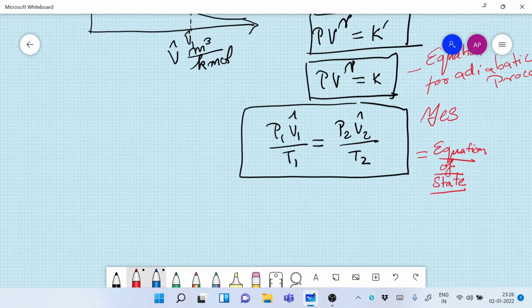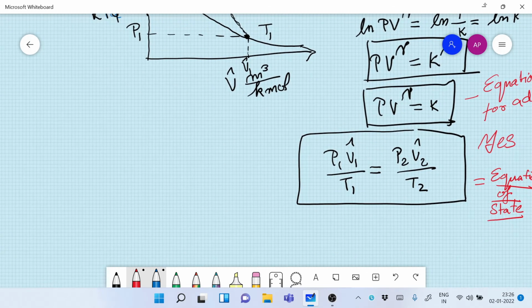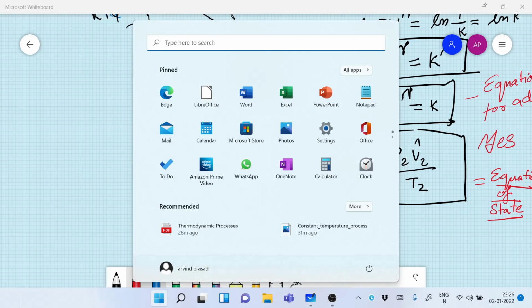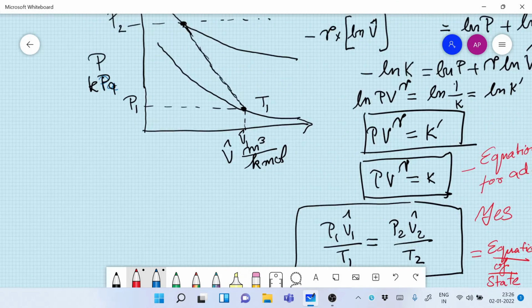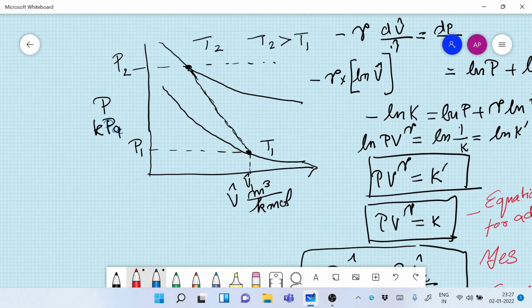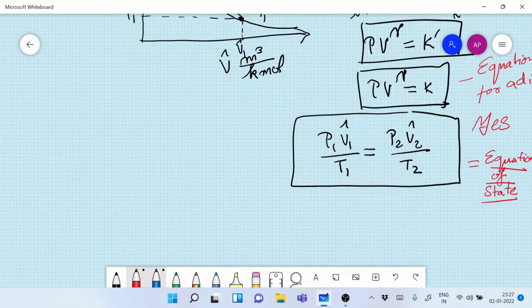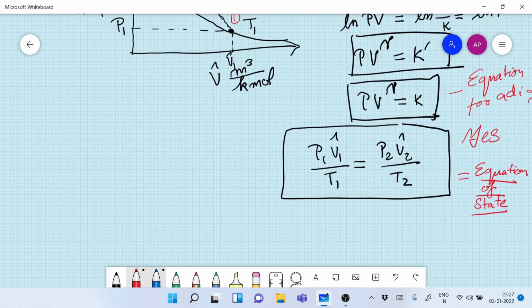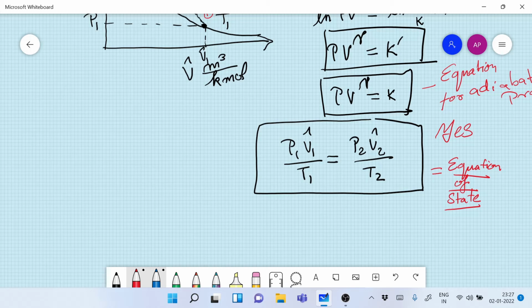Now, an important conclusion that we can get out of this is, let's assume that the gas has gone from state 1 to state 2. Now, can we relate the temperatures to the pressures? We can, by using the equation of adiabatic process and the equation of state.